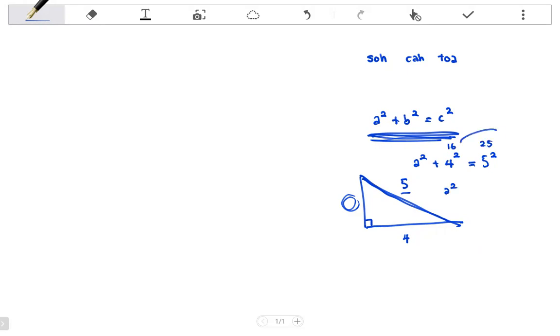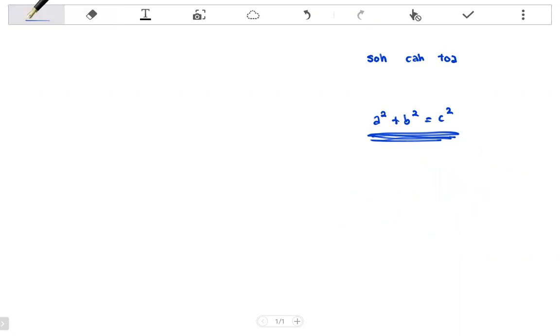If we move 16 to the other side, a squared is going to be 25 minus 16, or 9. To get a, we put a radical over it, so that this cancels out. So a equals the square root of 9, which is 3. So we can determine the length of the side using this formula.